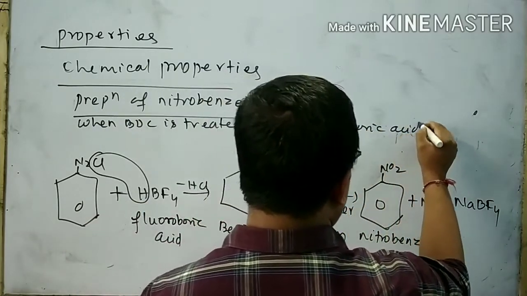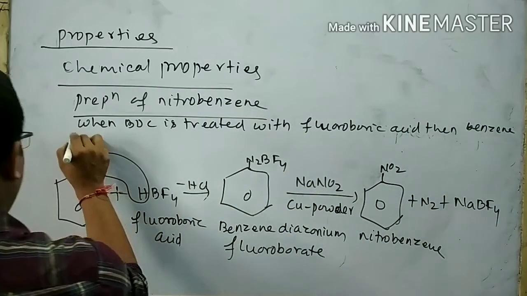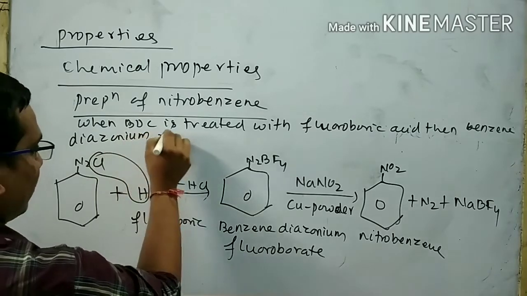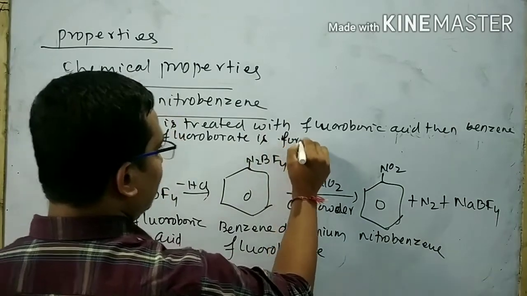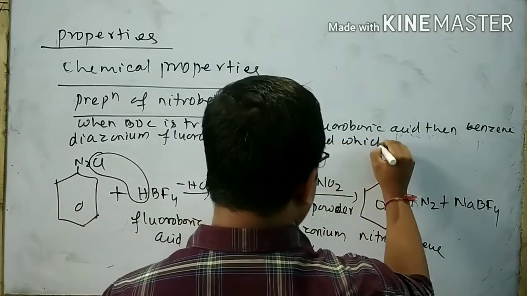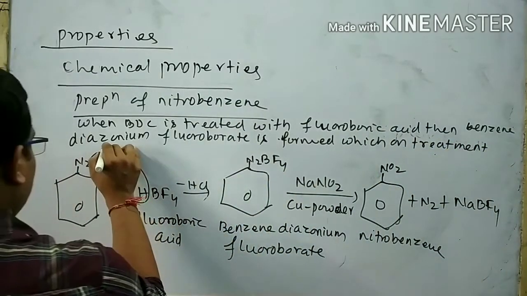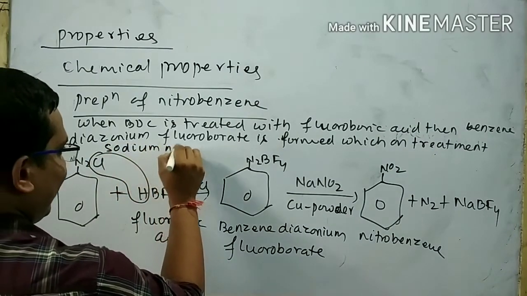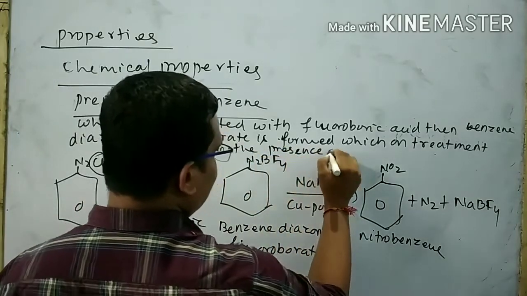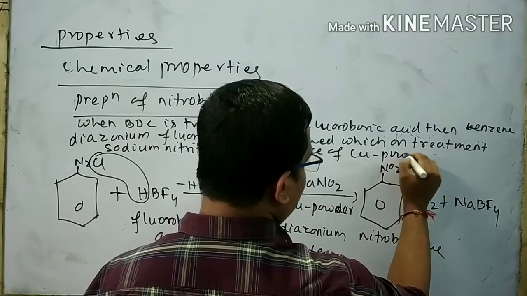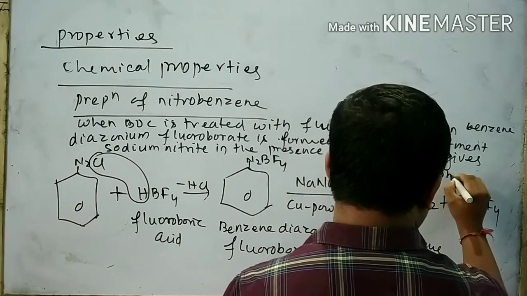So we can write a statement: when BDC is treated with fluoroboric acid, then benzene diazonium fluoroborate is formed, which on treatment with sodium nitrite in the presence of copper powder gives nitrobenzene.